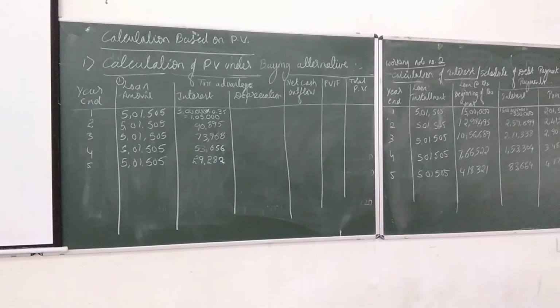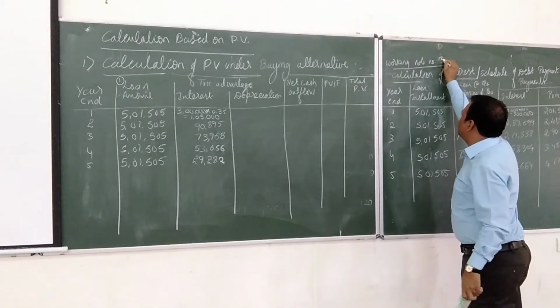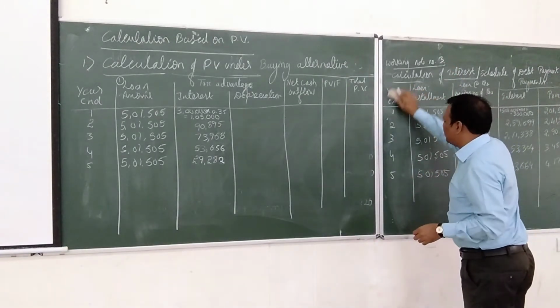So now in the same way we have to find out depreciation. Calculate the same thing. You write that in one more working note, number 3. Now write working note number 3. Calculation of depreciation tax shield.